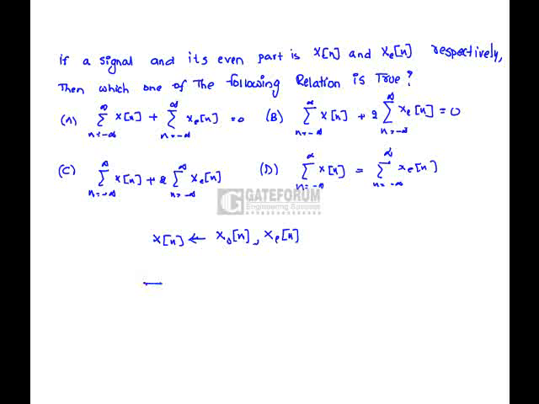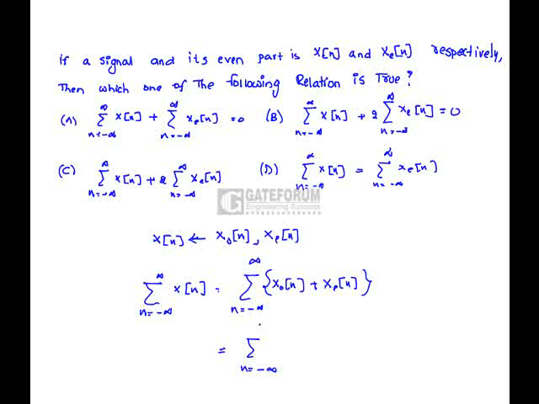So summation over minus infinite to infinite x of n can be written as the sum over minus infinite to infinite of odd part of n plus even part of n. So we can separate the odd term as well as the even term. Summation is separable, no problem at all.